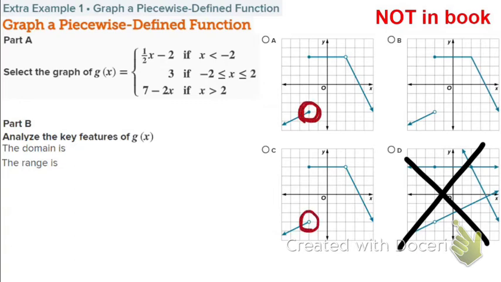And then graph B has an open circle at the bottom, but it doesn't have a circle in the corner shape, like right here. And then graph C has 2 open circles. Here I have an open and a closed. Here I have an open and a, I don't even know. I don't see a dot, right?